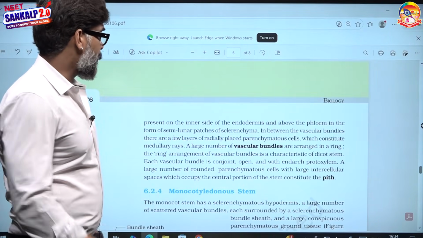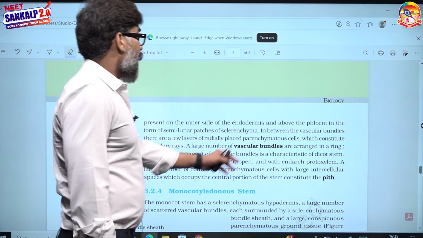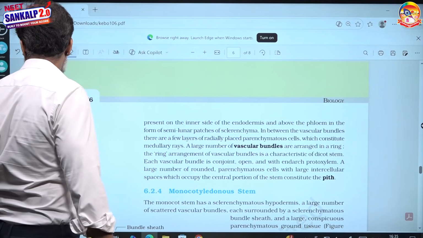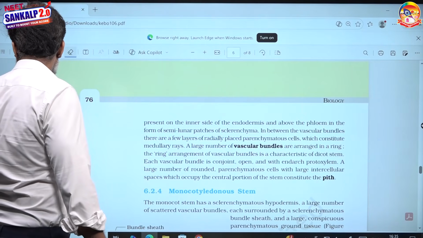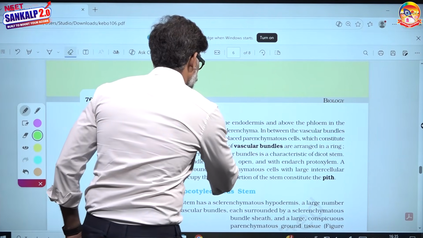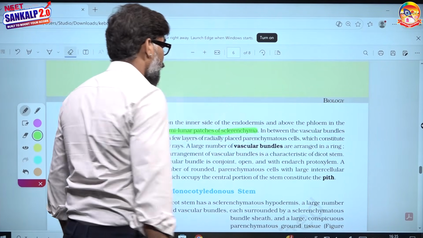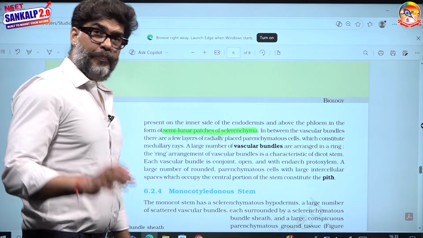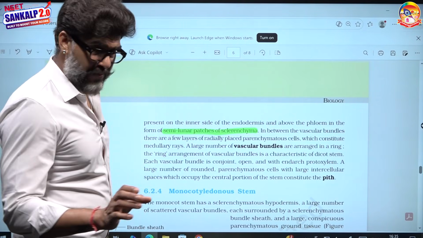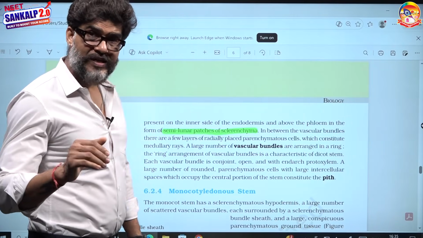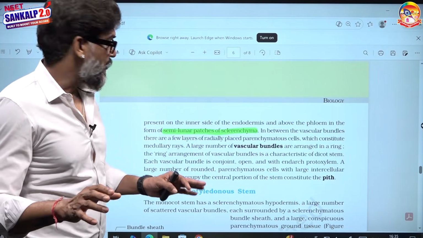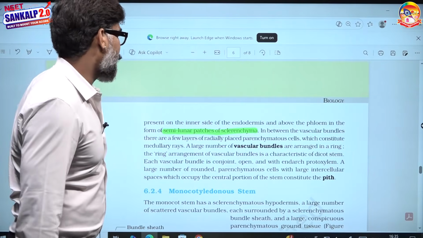Now after endodermis, above the phloem in the form of semilunar patches of sclerenchyma, what is present? Pericycle is present. So pericycle in dicot stem, just above the phloem, is in the form of semilunar patches and is made up of sclerenchyma.